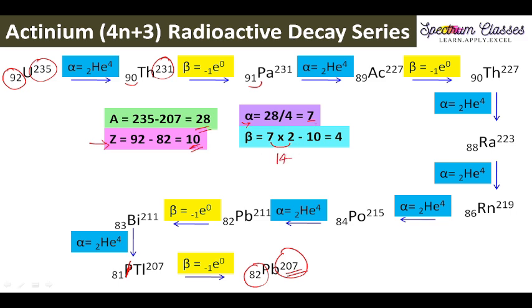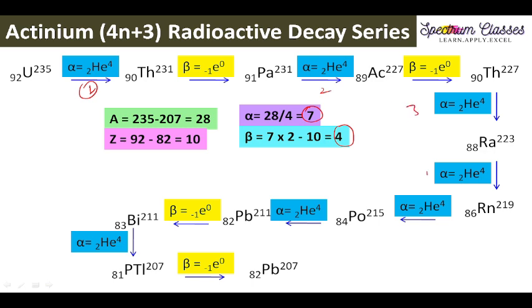But it changed by 10, so 14 minus 10 we get 4. Fine. So this is how one can remember that alpha particles are 7 and beta particles are 4. So here you can check 1, 2, 3, 4, 5, 6, 7 alpha particles and 4 beta particles are there, and the total number of steps is 11. Fine, 11 steps are there.